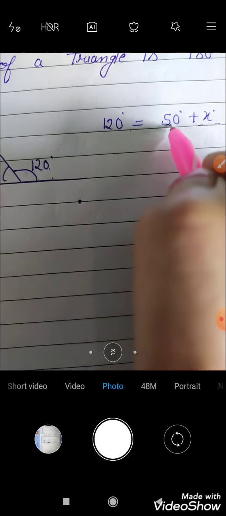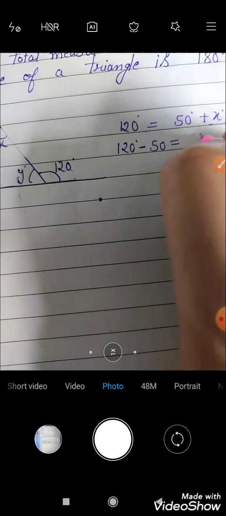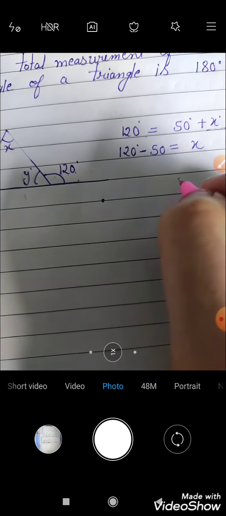For find out the value of x, first we remove 50 degree from the right side. For this we shift this to the left side, and we have 120 minus 50 degree in the left side and x in the right side.